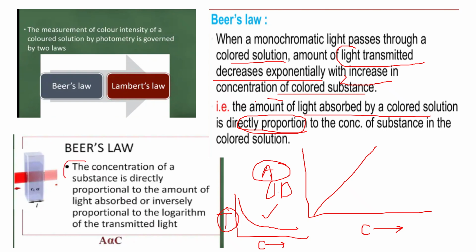Now the concentration of a substance is directly proportional to the amount of light absorbed, or it is inversely proportional to the logarithm of transmitted light, because an exponential decrease is there, so it is a logarithmically inverse relationship of absorbance and transmittance. Okay, so here A is directly proportional to C, but A is logarithmically inversely proportional to T.